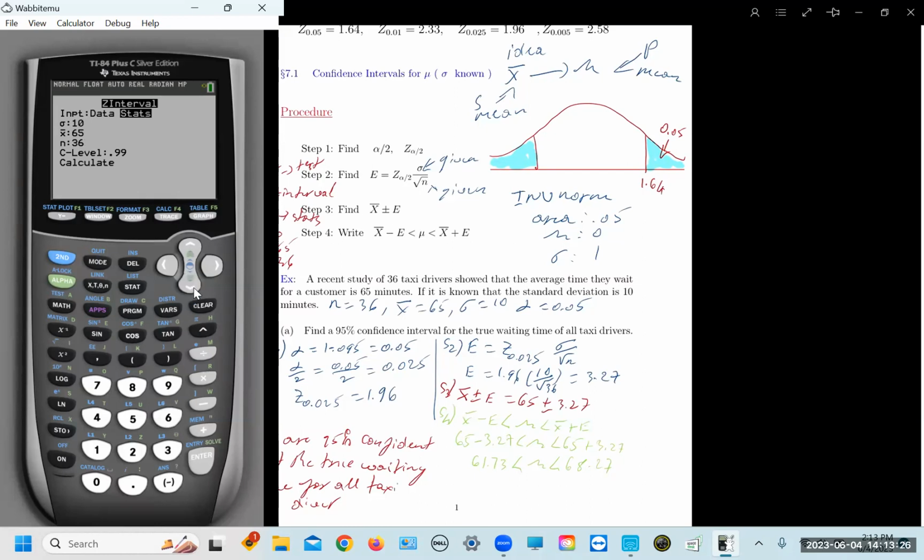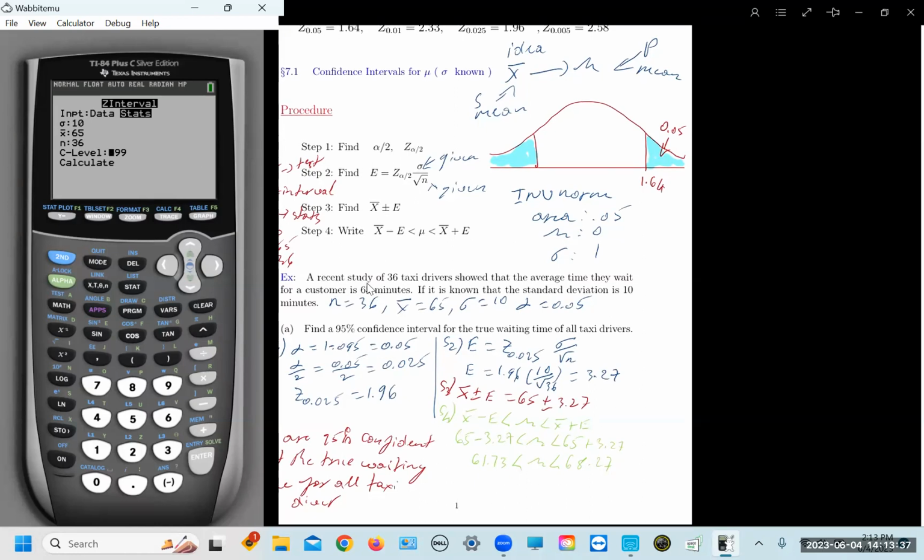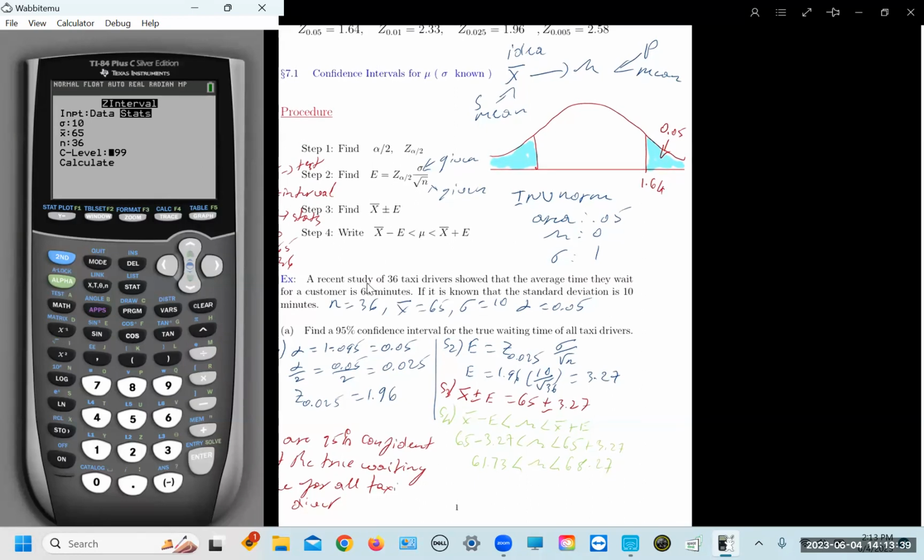And C-level here is 0.95. So C-level 0.95 and calculate.